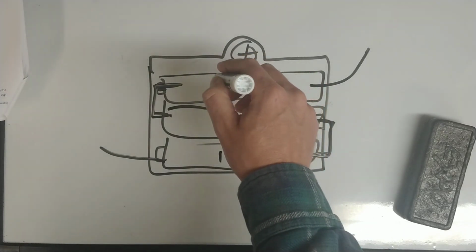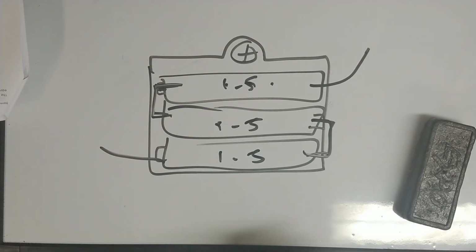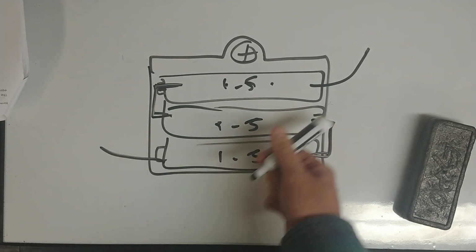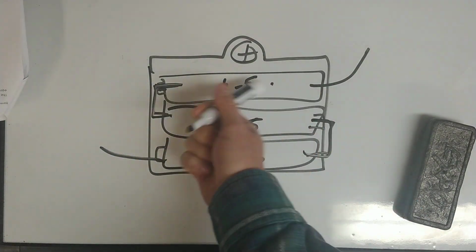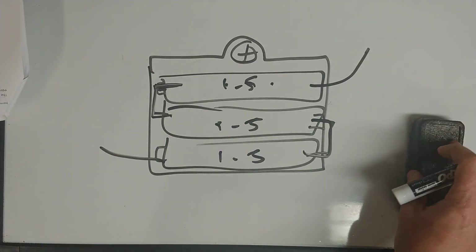So 1.5 plus 1.5 is 3. 1.5 plus 1.5 plus 1.5 is 4.5, and so on. So when you put batteries in a device, they're in series with each other. If they're in series, you add up their energies. We're going to talk about parallel and series later on.